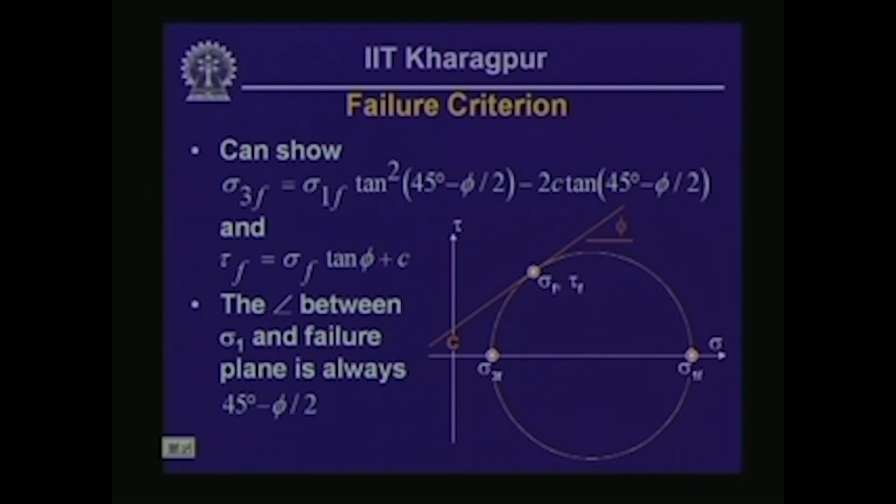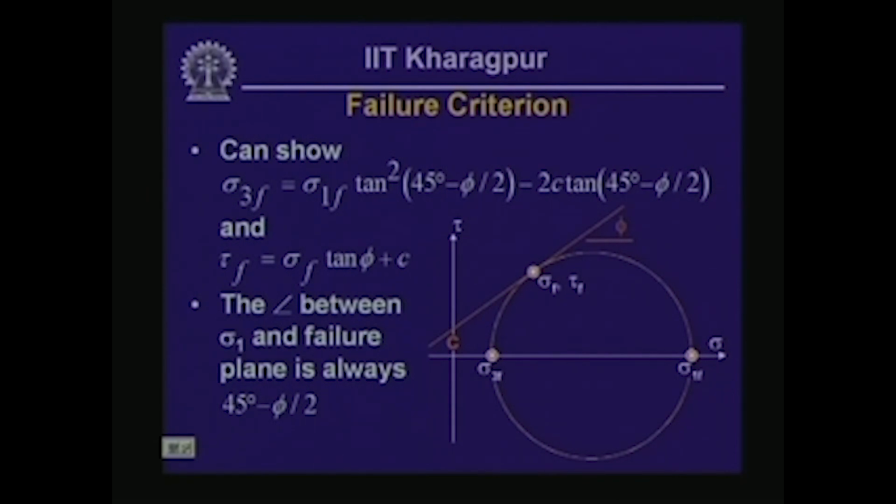And also you can show that the shear stress at failure, represented by the point of tangency of the Mohr circle representing the state of failure and the Mohr Coulomb failure envelope, at the point of tangency, tau f is going to be given by sigma f tan phi plus c, where phi is the friction angle as I indicated before, and c is the cohesion intercept, as shown on the sketch near the bottom right of this slide.